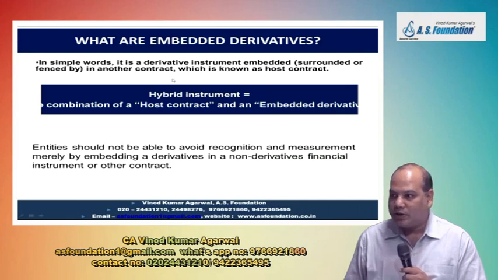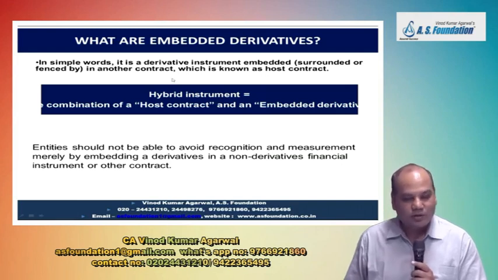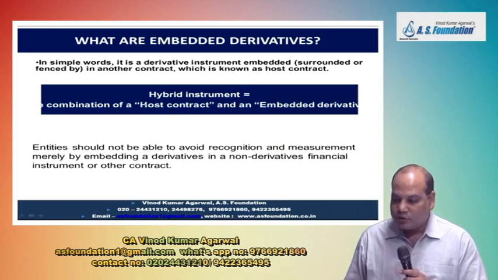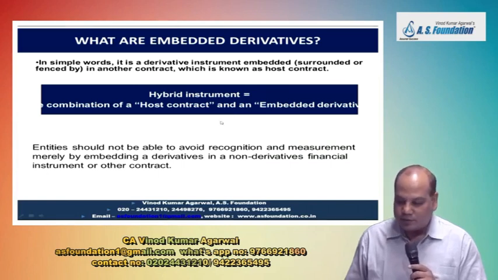That means there is a derivative contract also embedded in that. An option to convert loan into equity has the feature of a derivative. Okay. So therefore, a derivative instrument is embedded in another contract. Such instruments are called hybrid instrument, and the derivative is known as embedded derivative.